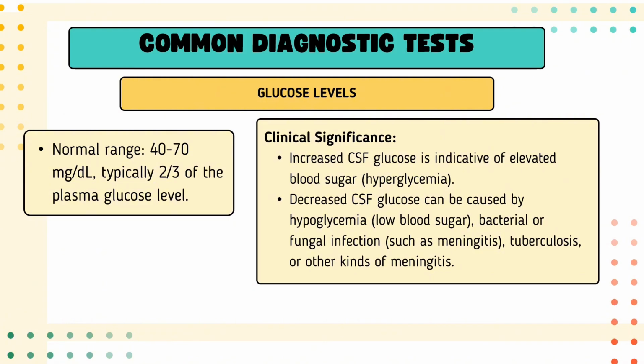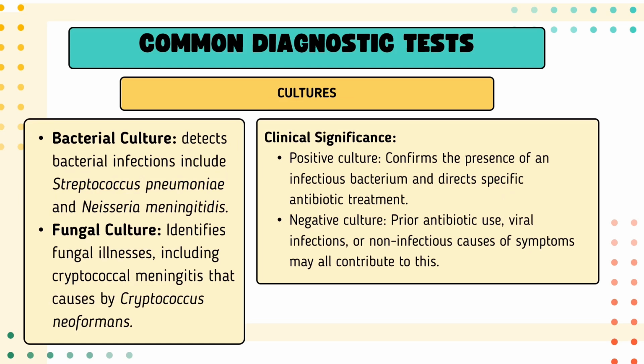other kinds of meningitis. For cultures, it detects the presence of bacteria, fungus, or other microorganisms in CSF. For bacterial culture, detects bacterial infections include Streptococcus pneumoniae and Neisseria meningitidis. Streptococcus pneumoniae is a gram-positive bacterium that causes meningitis in adults.